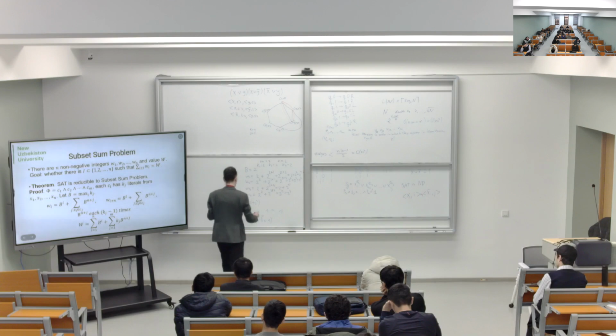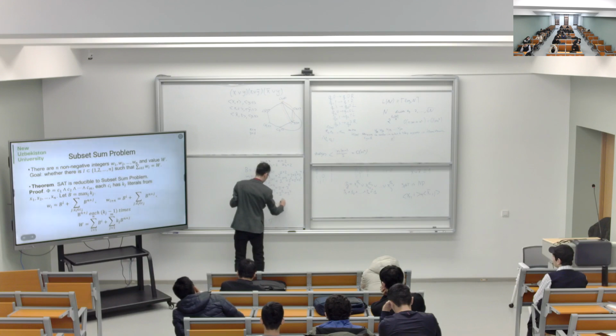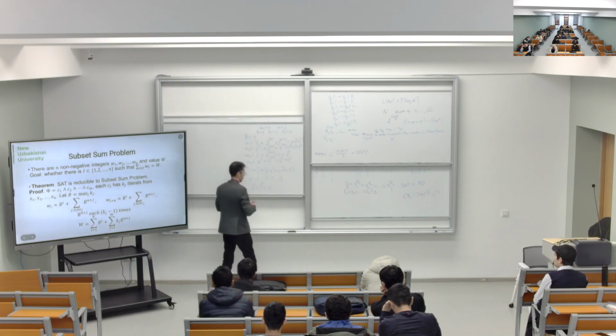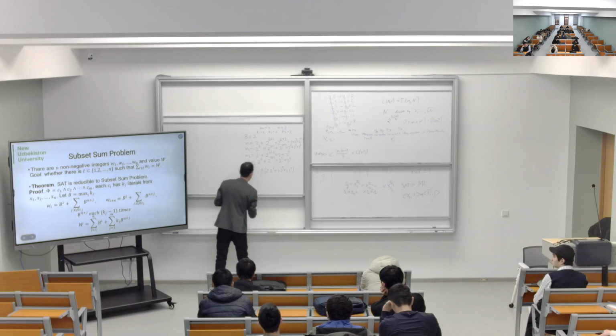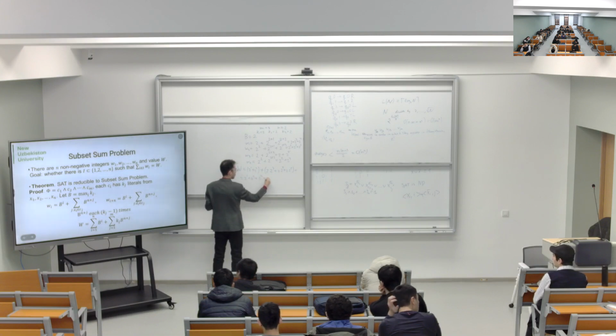Plus this thing, kj, which is 2, times b to the power of n plus j, which is 2 to the power of 3, 2 to the power of 4, 2 to the power of 5. So what is big W? It's 2 to the power of 1, 2 to the power of 2, plus 2 to the power of 4, 2 to the power of 5, 2 to the power of 6.